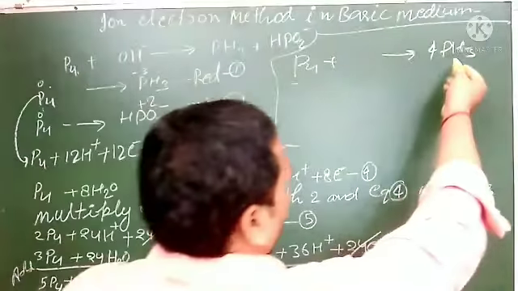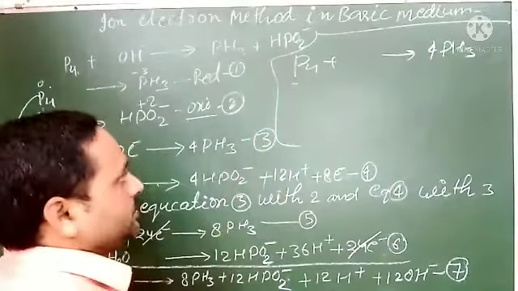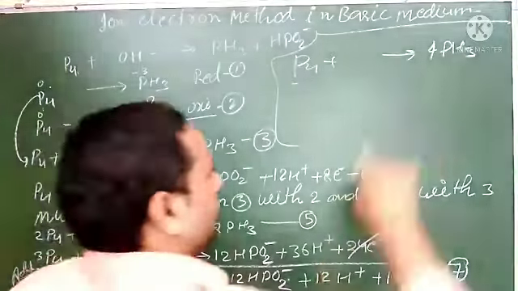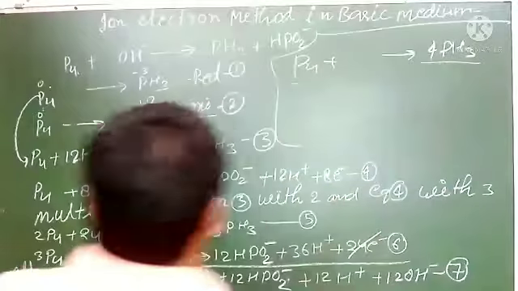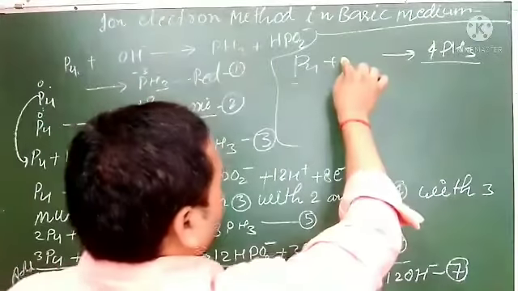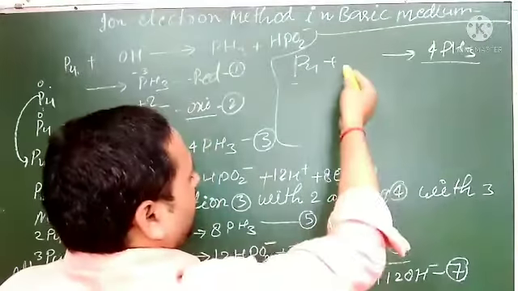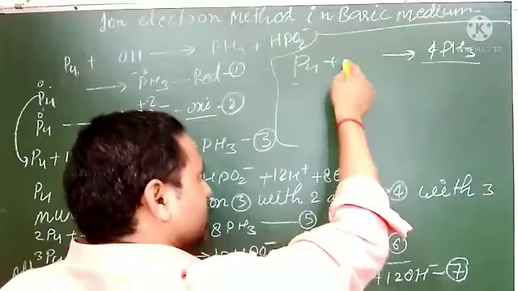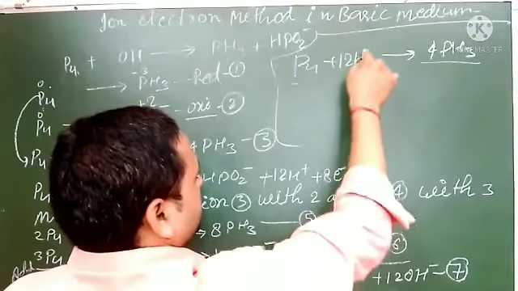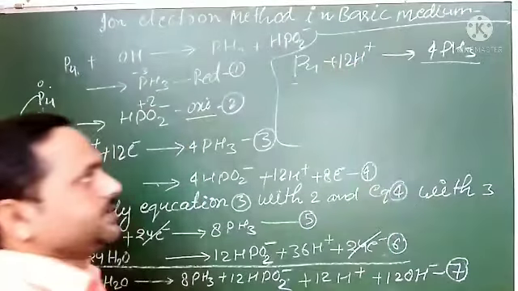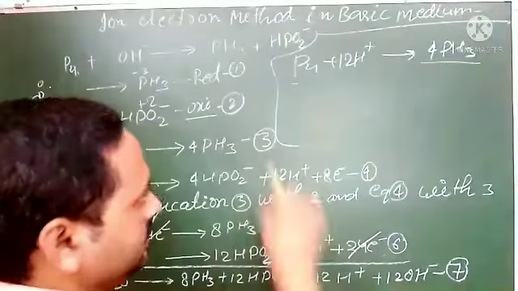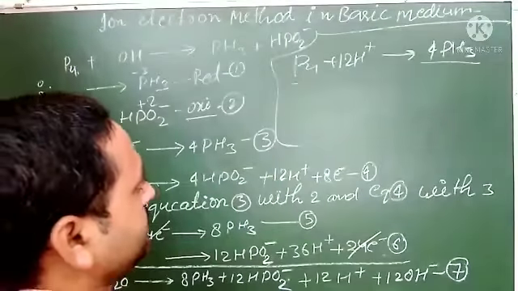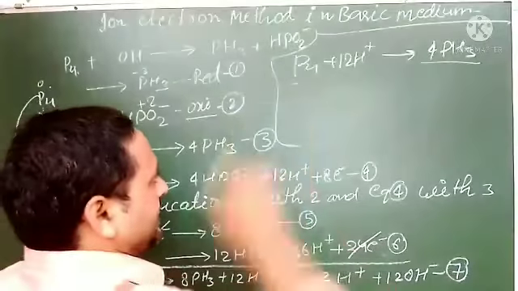Next we will see hydrogen, because oxygen is not there. How many hydrogens are on that side? There are 12 hydrogens. So we will add 12 H plus to this side. Is it clear? Okay. Then we will see the charges.